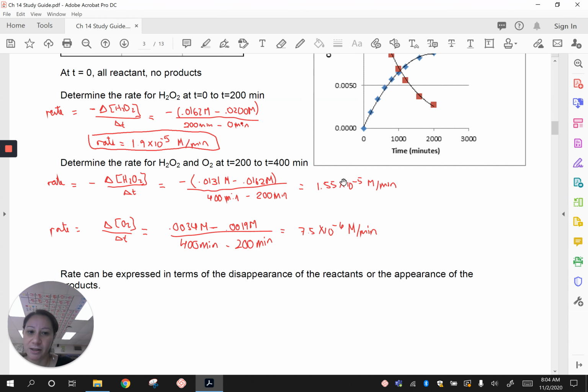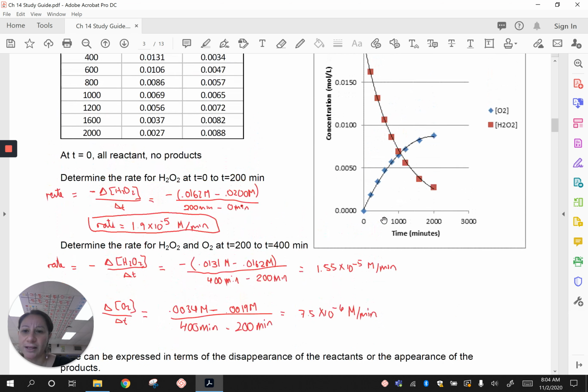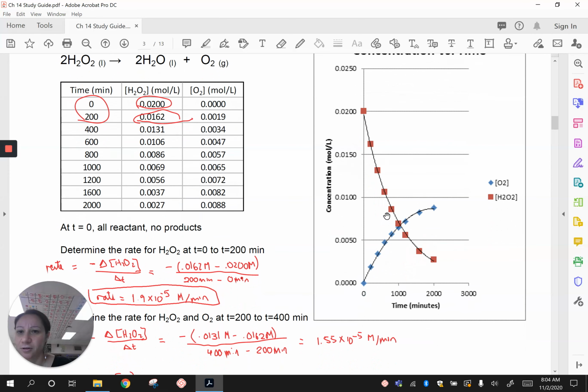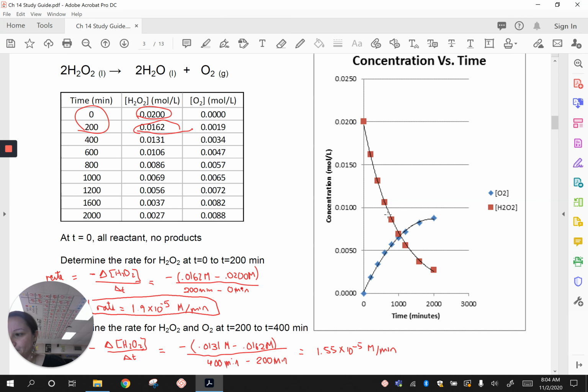And if you look closely at the numbers, this number looks like it's double this number. So why do you think that is? Let's look at the reaction here. Can you guess? We're comparing hydrogen peroxide being used up, the rate of this being used up, to the rate of this forming.